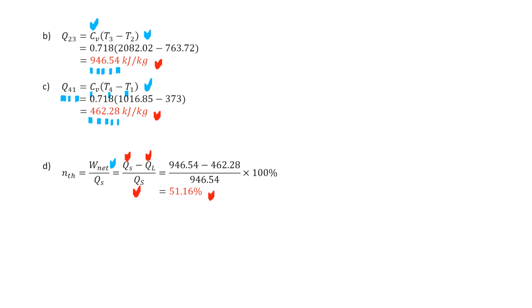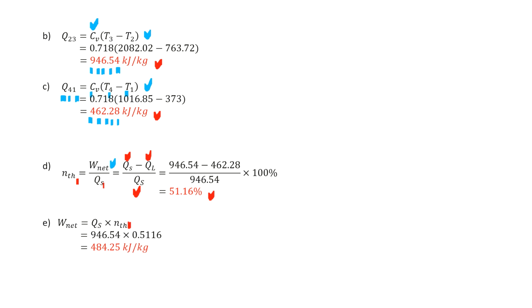Okay, so that is something good about podcasts, because when you refer back, you can see whatever I have shown, and you can refer to it as many times as you can. So now, once you know, actually you have found out the net work. You don't have to use net work equals heat supply multiplied by the thermal efficiency again.